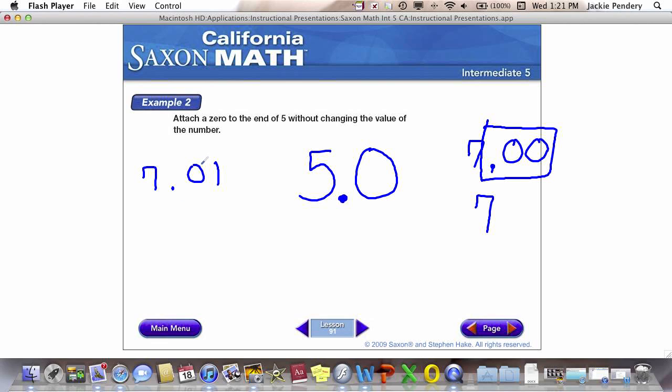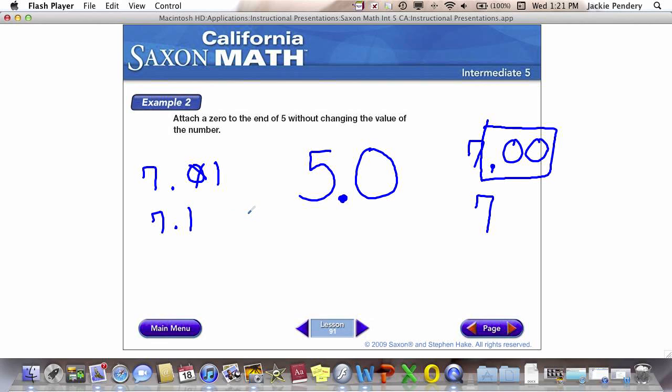If I got rid of that 0, it would suddenly look like 7 and 1/10, and those are not the same numbers. So if there is a digit greater than 0 to the right of a 0, you cannot get rid of it. Okay?